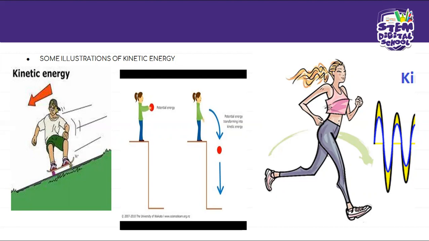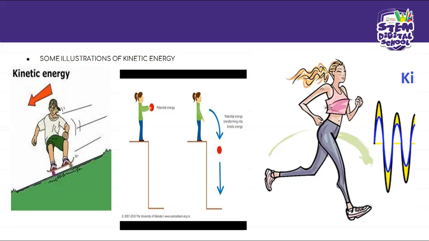At the point of no motion, it has potential energy. At the moment she's holding it, it has potential energy. But immediately she releases it, it changes from potential energy into kinetic energy.